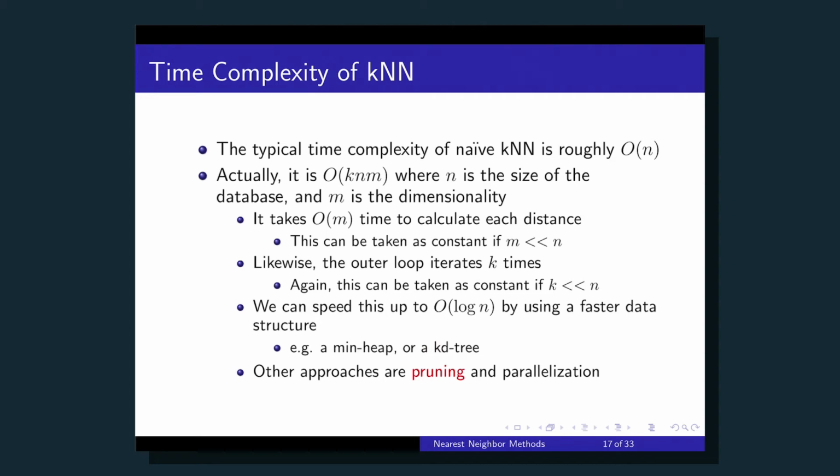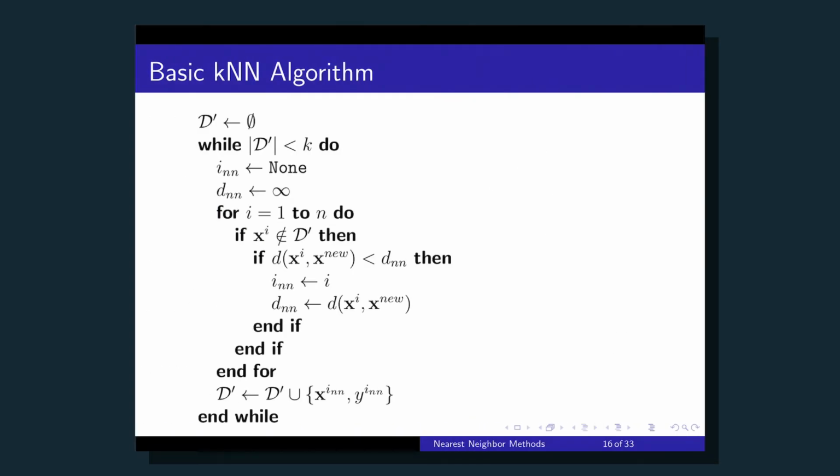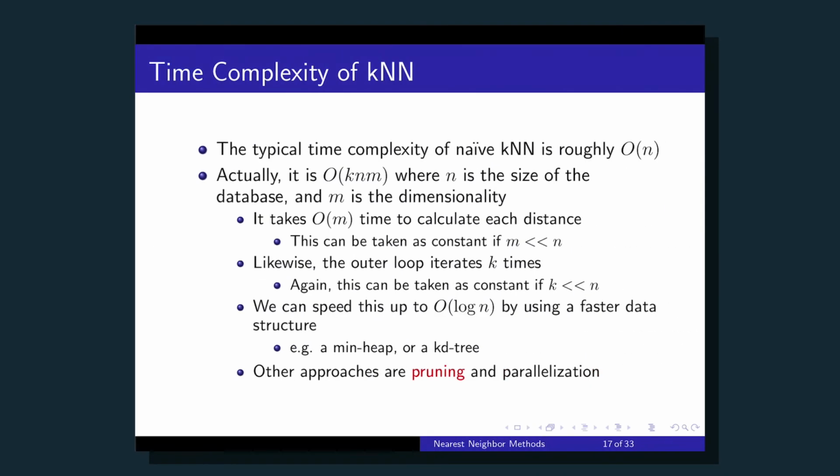Another way to get an advantage might be a min heap. This helps especially when k is large, because instead of iterating for each of the k neighbors, you can build a heap of the closest neighbors. Let's say you're looking for a 5 nearest neighbor thing.